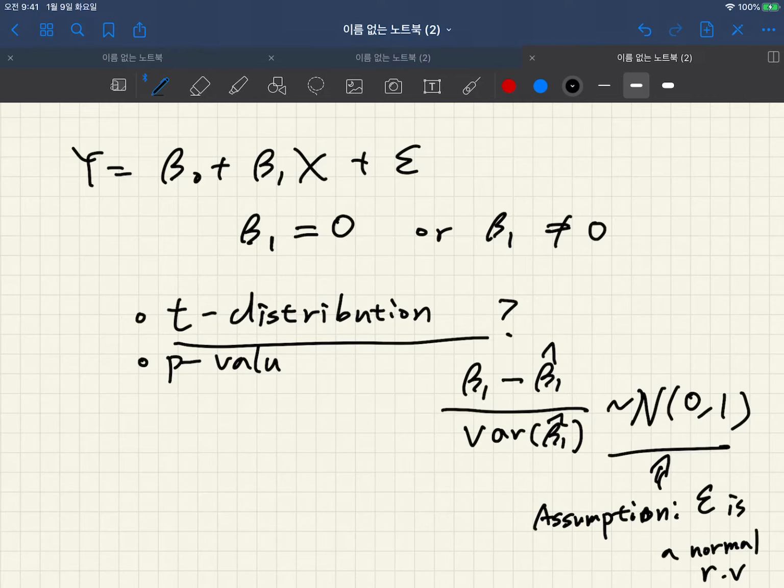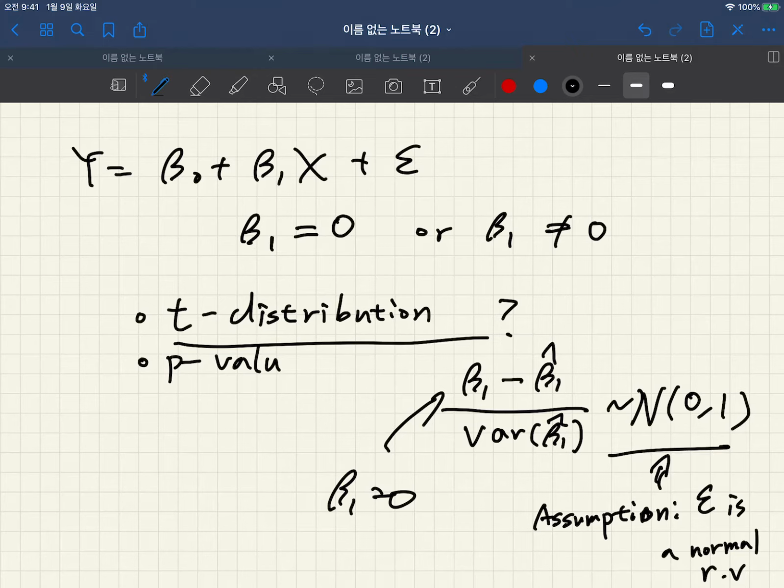What is beta 1 hat over the variance of beta 1 hat? If the absolute value of beta 1 hat over the variance of beta 1 hat is huge, then because we know that the true beta 1 minus beta 1 hat over the variance of beta 1 hat follows a normal distribution with mean 0 and variance 1, and we know the tail of the normal distribution, we can give you some probabilistic value.